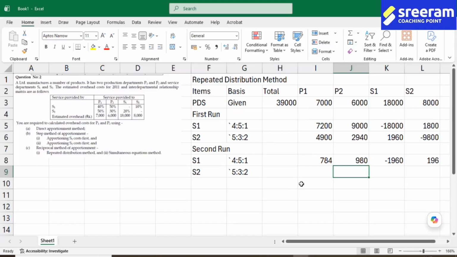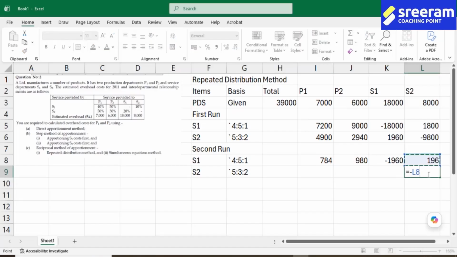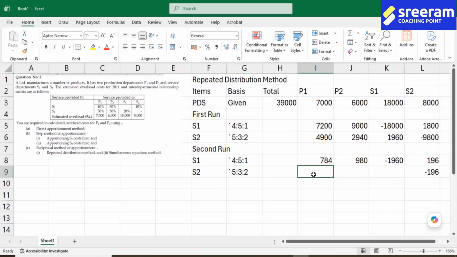Is that right? Now, what is that I should do with this 196? I have to distribute in the ratio of 5 is to 3 is to 2, equal to 196 multiplied by 0.5, equal to 196 multiplied by 0.3. So we can take up to the next number, round off to the nearest number.